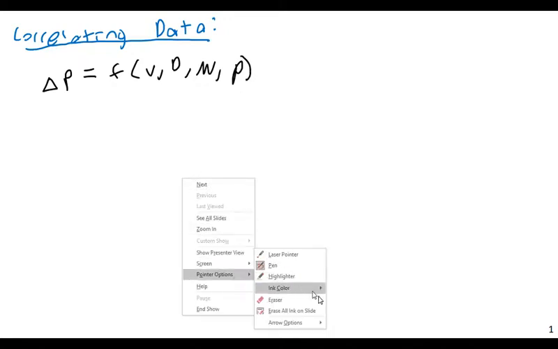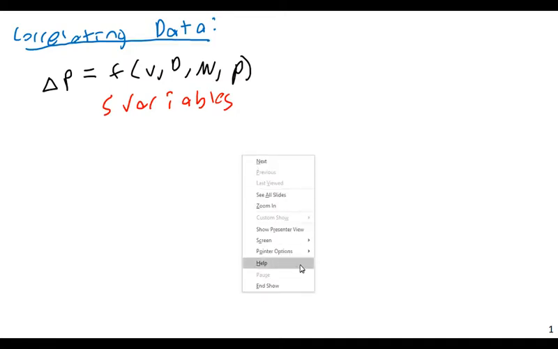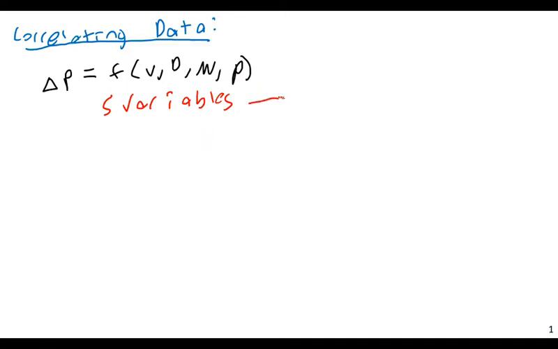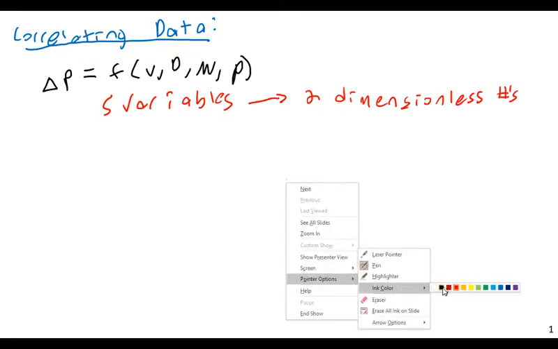And we have learned if we have an experimental system like this with 5 variables, we could then translate this into a system of 2 dimensionless numbers. And these would be your pi terms.